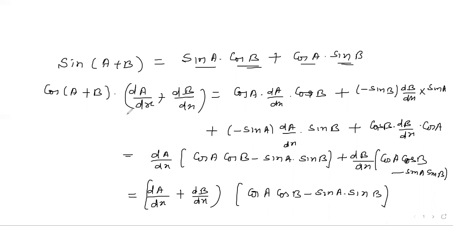Now we can cancel dA/dx plus dB/dx from both sides. So we get cos(A + B) equal to cos A cos B minus sin A sin B, which is our required answer.